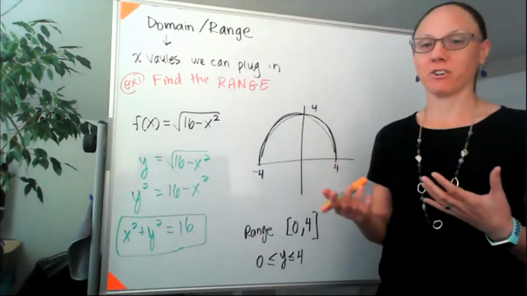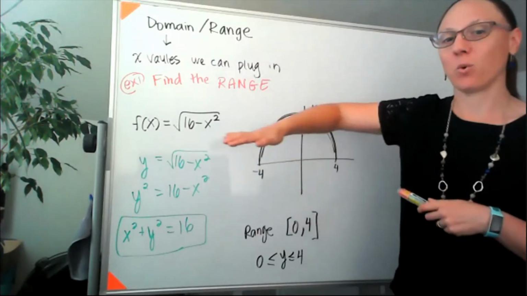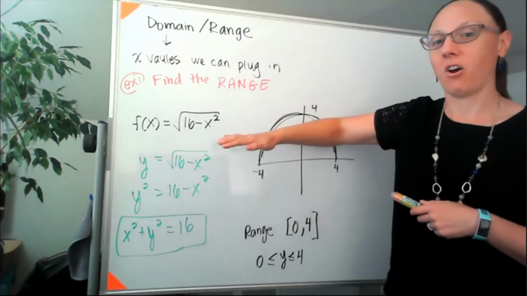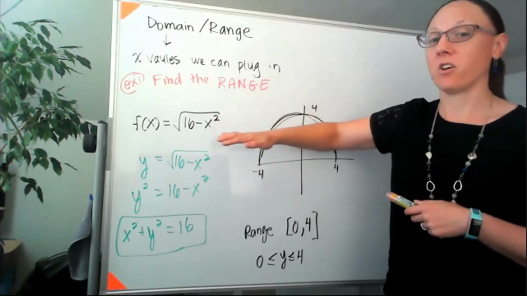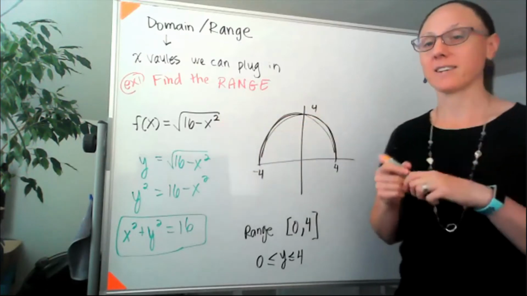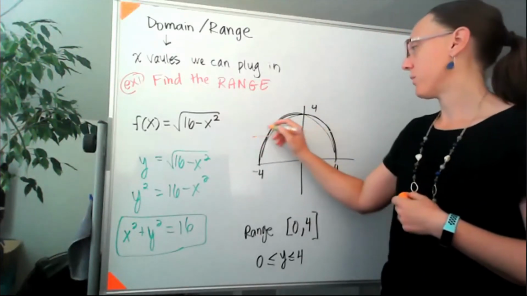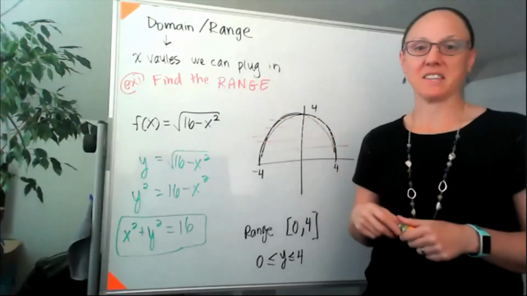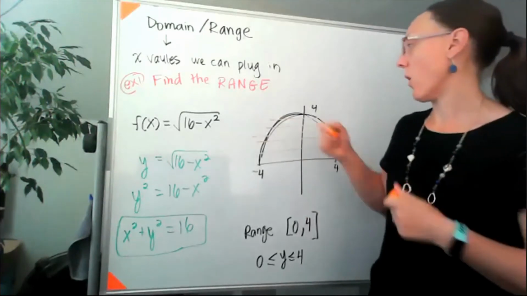Our graphical version of testing for 1-to-1 is to say, does it pass the horizontal line test? If I draw a horizontal line on the graph, is there anywhere where that horizontal line would touch the graph twice? And there is. In fact, pretty much everywhere on this graph, if I draw a horizontal line, it's going to touch the graph twice. So I know that this function is not 1-to-1.